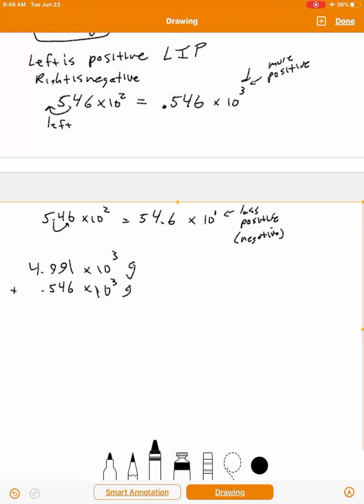You have to have the exponents be the same in order to add or subtract them. When you add or subtract them, it's not going to change the exponent, it's not going to change the units. And there you go. Okay, there's our answer.